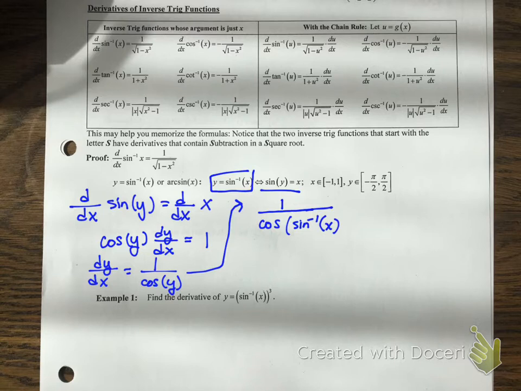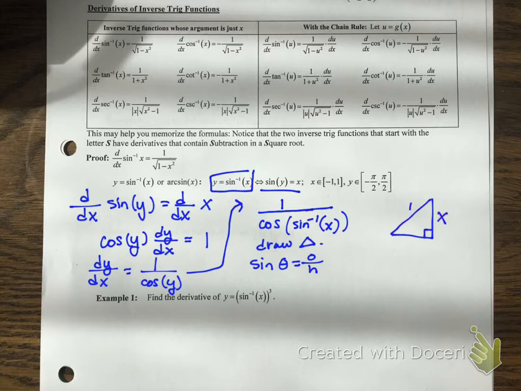I'm going to go ahead and try to figure out what inverse sine of x is, so I'm going to have to draw a triangle. And I'm also going to have to know that sine theta is equivalent to opposite over the hypotenuse. Because x is an element from -1 to 1, I'm going to make the hypotenuse 1.